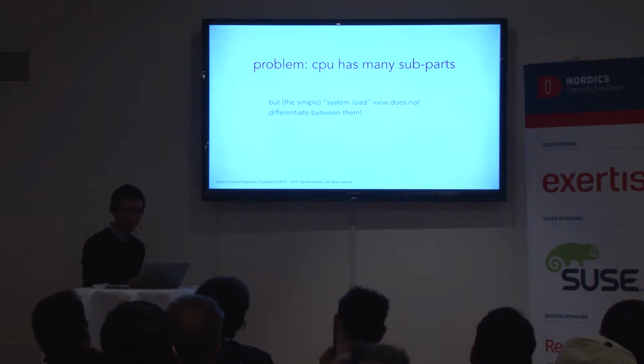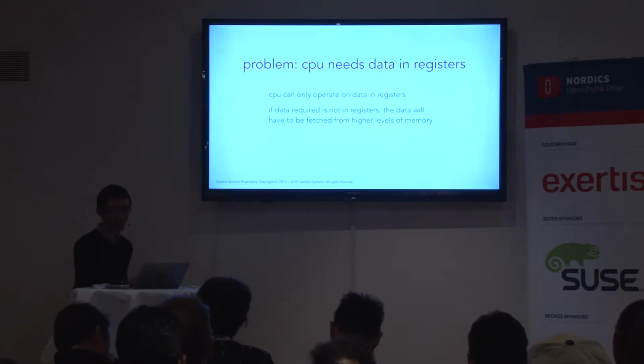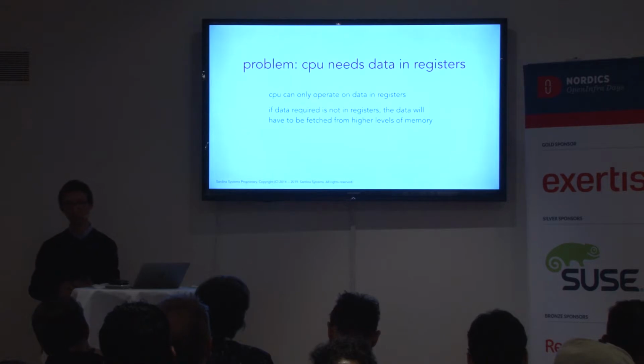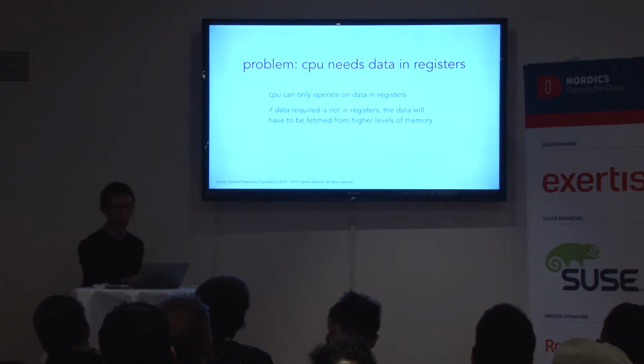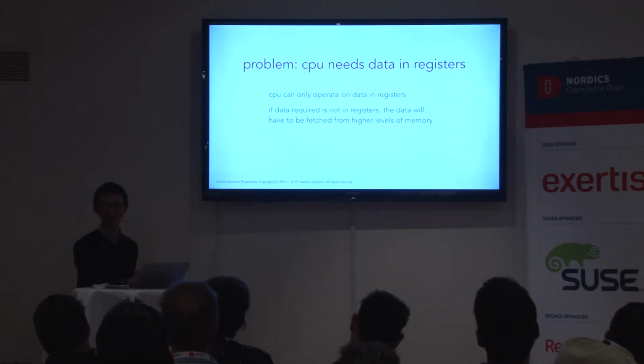So the system load view here really doesn't differentiate between how they are being executed and which part of the processor they are actually running on. And further, the CPU needs data in registers. The CPU can only operate with data sitting in registers. And if the data required is not there, it will stall and fetch from higher levels of memory. Yeah?